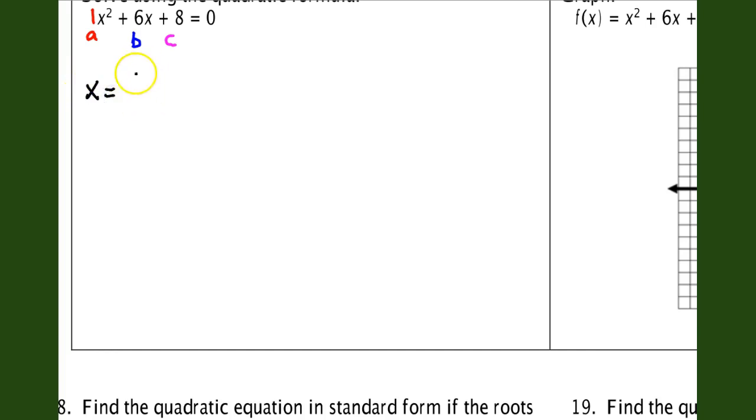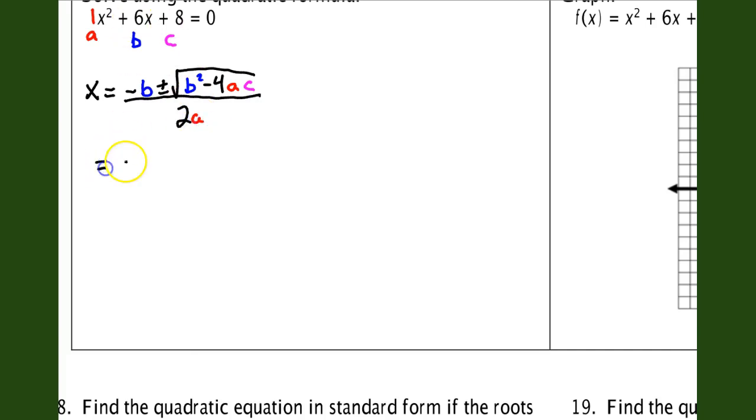The formula is negative b plus or minus the square root of b squared minus 4 times a times c, all over 2 times a once again.